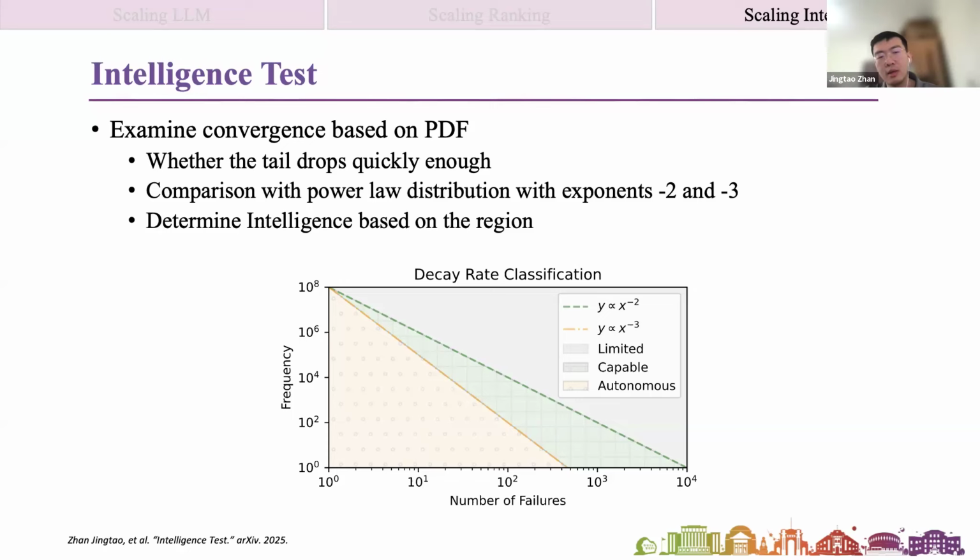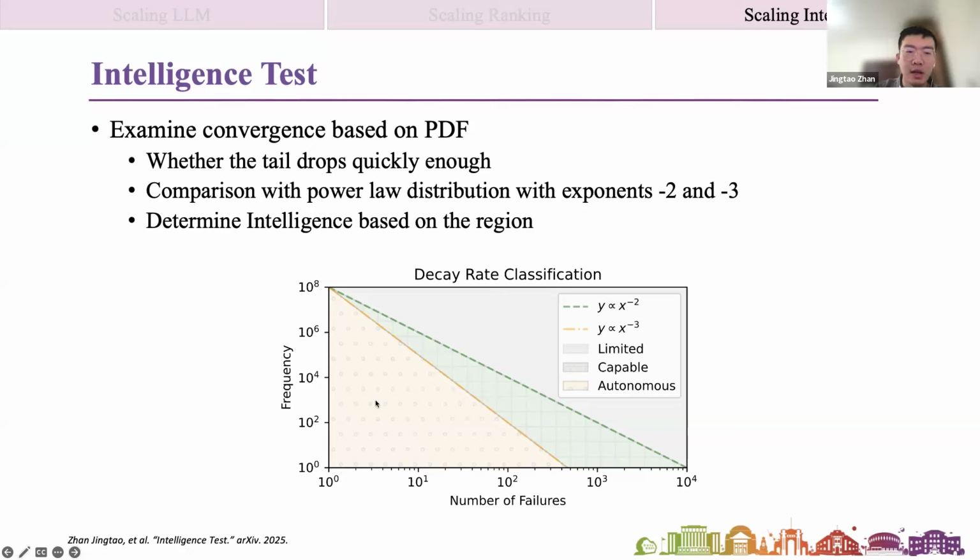If the distribution falls in this region, it means that this subject is at the limited level, because the decay rate of their tail is lower than the power law distribution with exponent -2. But if the distribution falls in this green region, it means that it's faster than -2, but slower than -3, so it belongs to the capable level.